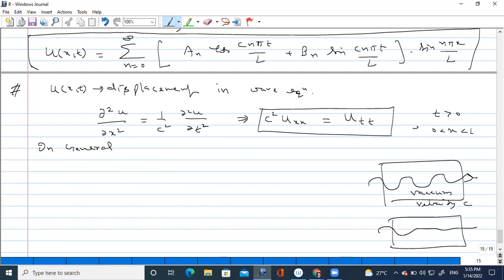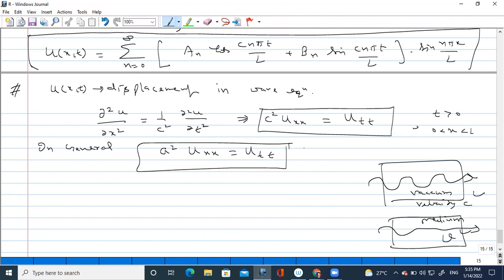If it is going through some medium, then this velocity can also be v. So neither c nor v, I am just taking this as a. So in general we can write a squared u_xx equals u_tt, where time is greater than 0 and x is between 0 and L. In general, this is your wave equation.